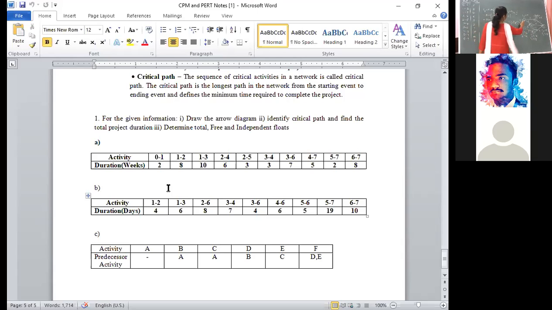Next, we have to calculate L2. For node 2, one is coming from 4, another one is coming from 5. That means if there is more than one activity, we will get the minimum. For L2, the formula is the minimum of L4 minus T24, comma, L5 minus T25.